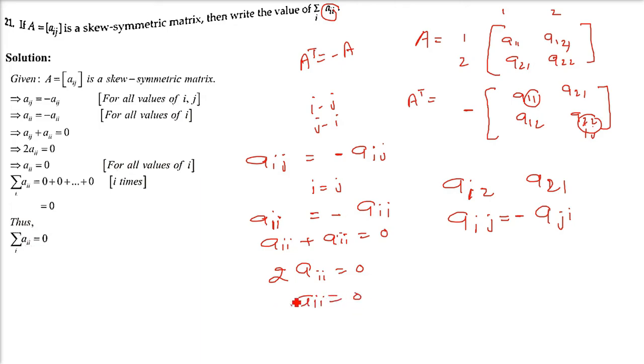Now when Aii is 0, you take the sigma of A11, A22, A33, and they are all zeros. When you add them, you will get 0. Sigma Aii equals 0.